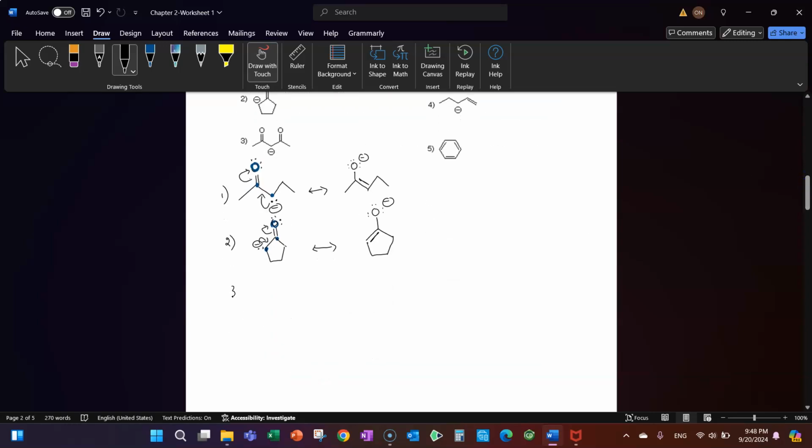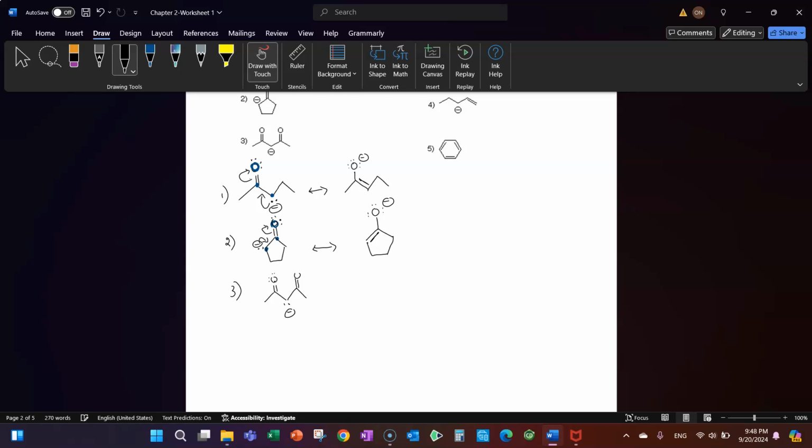Number 3, the third structure, actually has more than one resonance structure. Okay, so you can go ahead and draw the original structure first. Okay, here and here we have a negative charge.